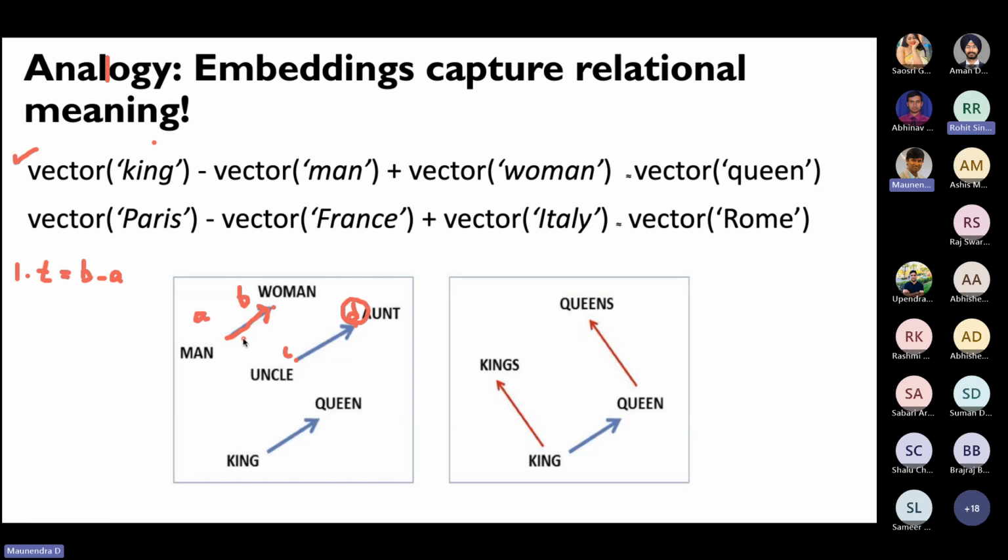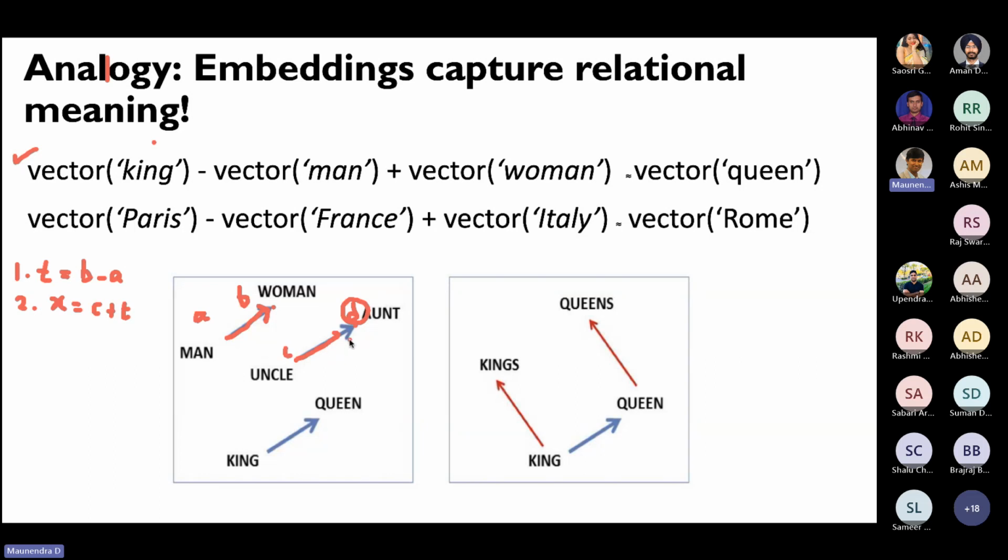So no need to further find a specific orientation. Next, this T we apply to C. That means we compute C plus T, and let us call this new vector X. X equal to C plus T.